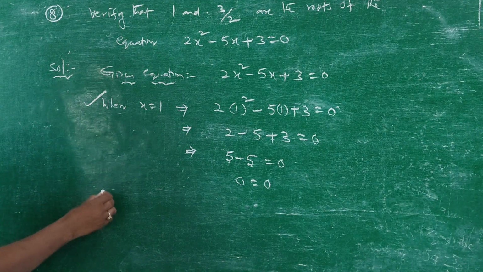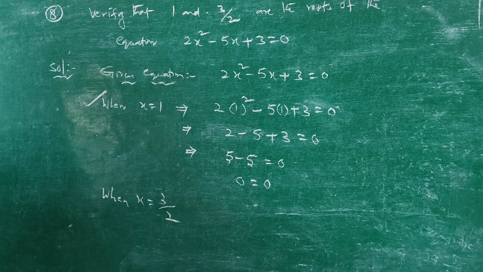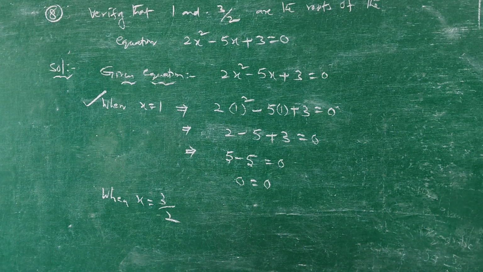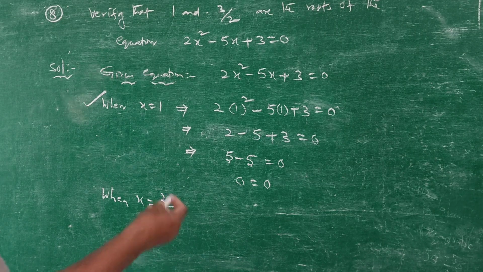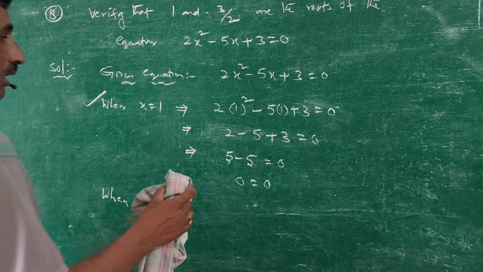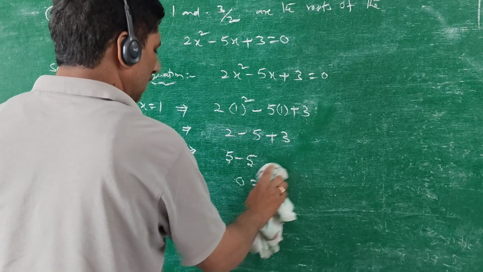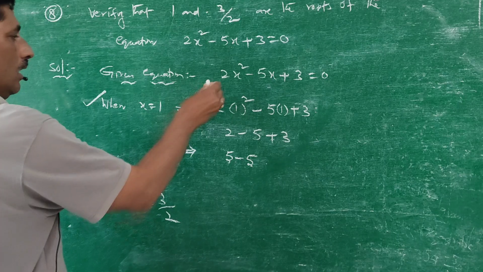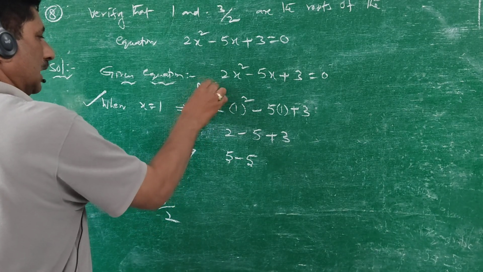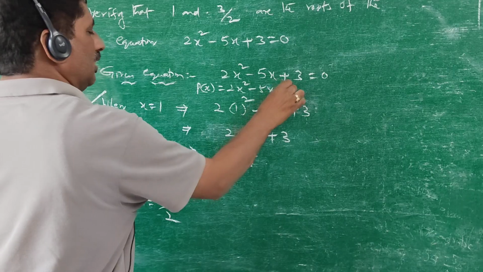Then another one, when x is equal to 3 by 2. Or you can take the left side of the equation as a polynomial, p of x equals 2x square minus 5x plus 3.